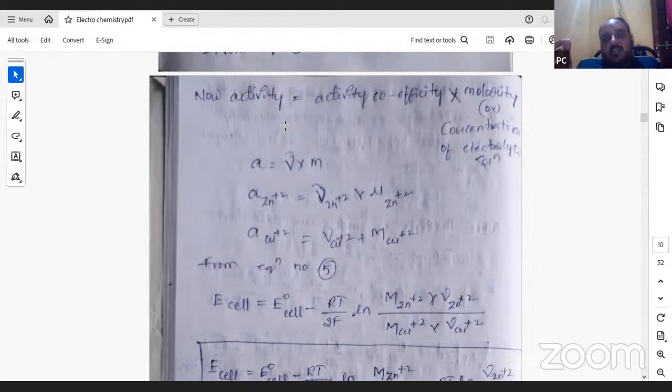If the solution we use is an ideal solution, directly we can consider the concentration. If it is a non-ideal solution, we can consider the activity. So that is the activity coefficient multiplied with the molarity. So activity A is equal to gamma into M.